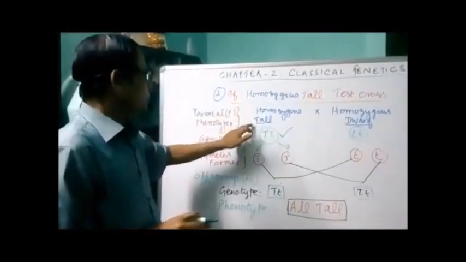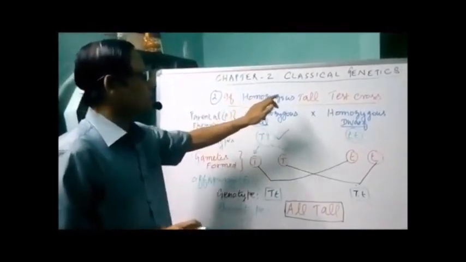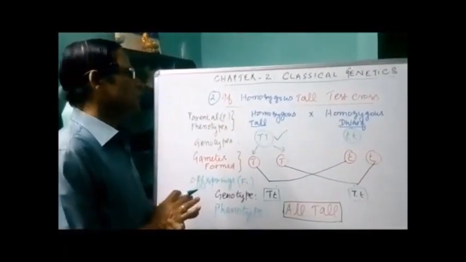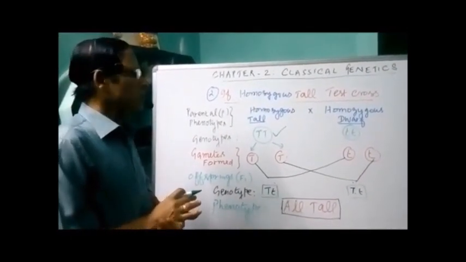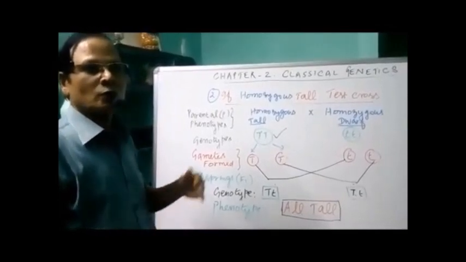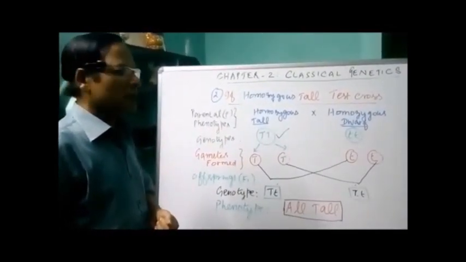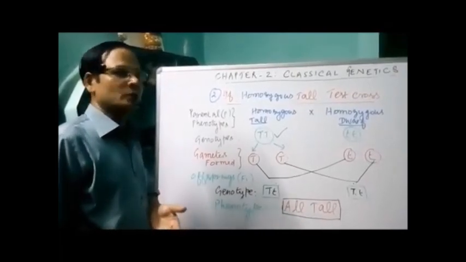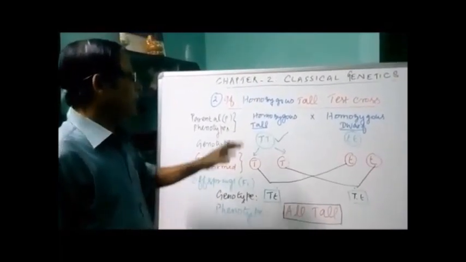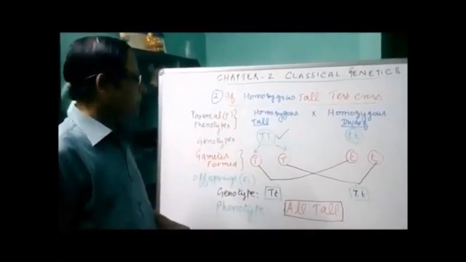As we are using homozygous tall, this is called the homozygous tall test cross. Though it is called a test cross, it is not used to analyze the genotype of the progenies. That's why it's not useful in genetics to find out the nature of the dominant parent. Anyway, we have to go as per the book.